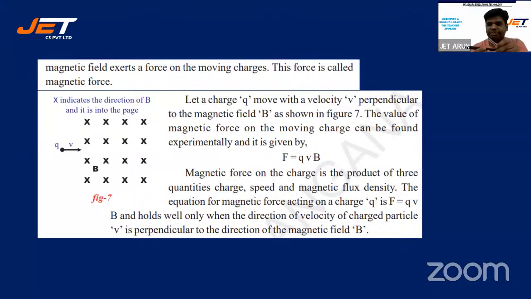When making an angle theta with the magnetic field, it is qvB sine theta. When theta becomes 90, sine 90 is 1, I get qvB. When theta becomes 0, sine 0 is 0, I get qvB into 0, which is 0. So F equals qvB sine theta is the more generic expression for the force acting on a charged particle in a magnetic field.